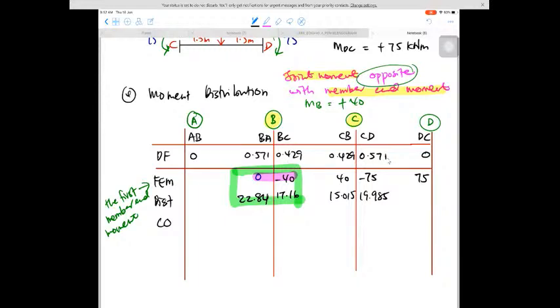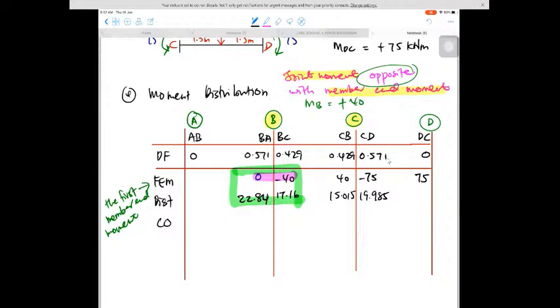By looking at this table, if I'm talking about joint moment at B, what is the value? We have to combine BA plus BC, which is 0 plus negative 40, and the opposite of this is positive 40. So the moment that we distribute is positive 40 times the distribution factor.